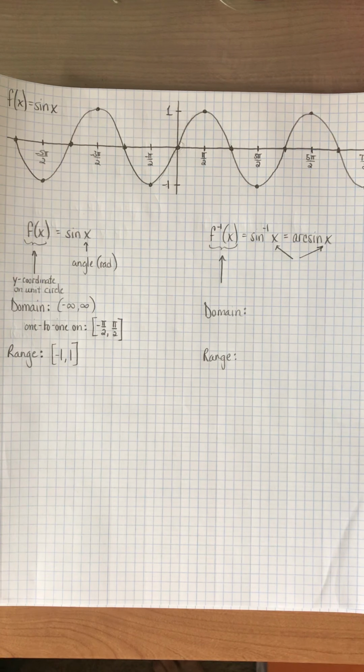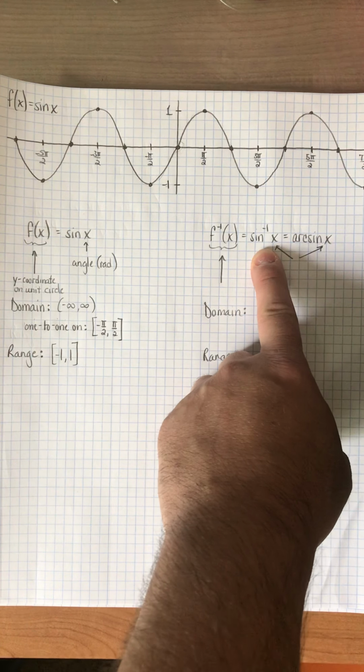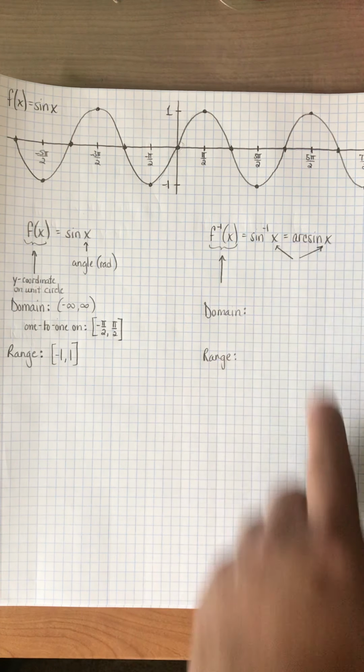But the other place we see a -1 exponent is in reciprocals. And there's a very big difference between the reciprocal of sine, which is cosecant, and the inverse of sine. Very, very different functions. So I don't really like this notation so much. I find it to be very easily confused with reciprocation.